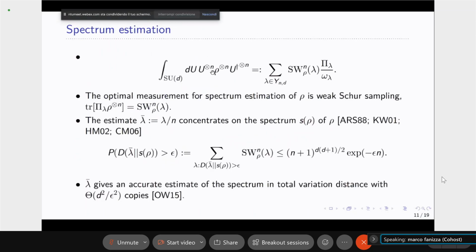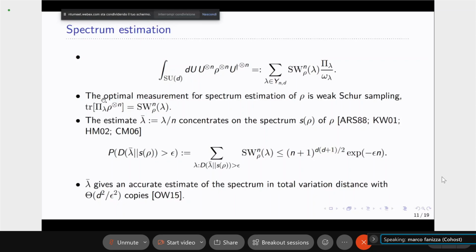Now, the average of the tensor product representation of SU(d) on a multi-copy state gives a state which is a convex combination of completely mixed states on the sectors hosting the irreducible representations, weighted by the Schur-Weyl distribution of rho, as it is called, which depends only on the spectrum of rho.